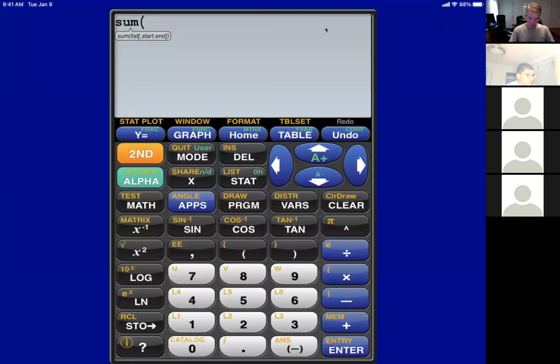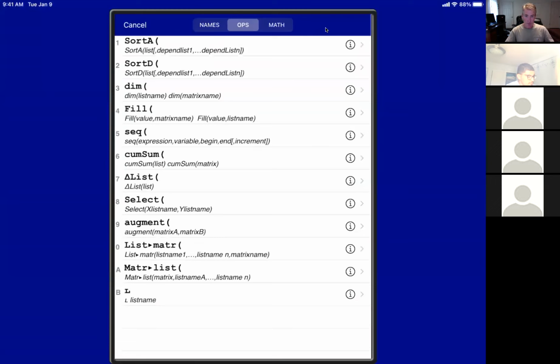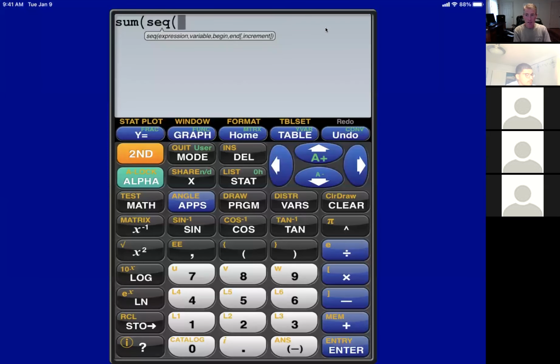Find the sum. So that just puts it on the screen, and now it's waiting for the rest. So now I need sequence. So go second, list again. And then at the top of the calculator, it says ops for operations. So click on operations. And then number 5 is the sequence. So that's what's going to create the area of the 10 rectangles.